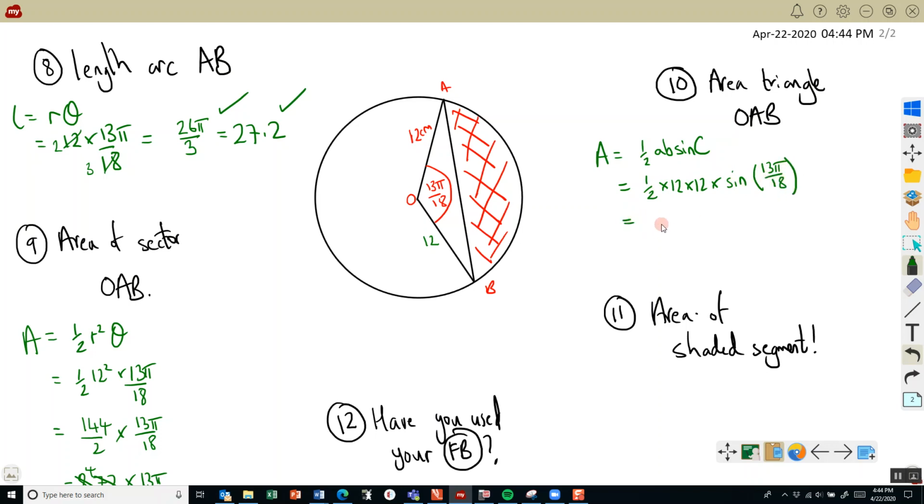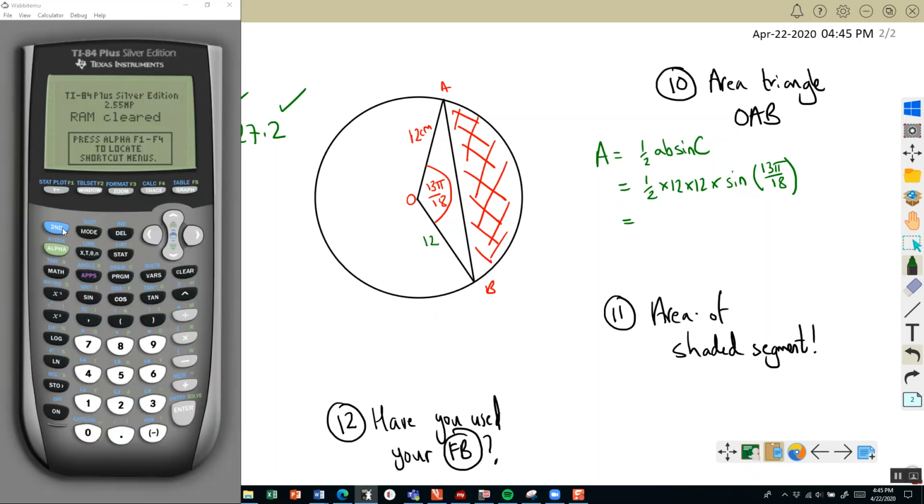Now you could actually do this without a calculator, but I will let you use it this time. So make sure your calculator is in radians. Let me actually just bring up the calculator. So to get it into radians mode, we're already in radians. So make sure your calculator is in radians.